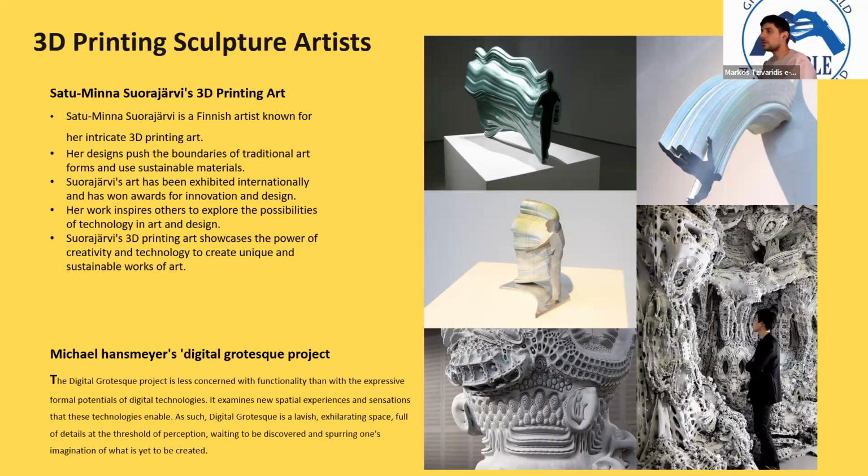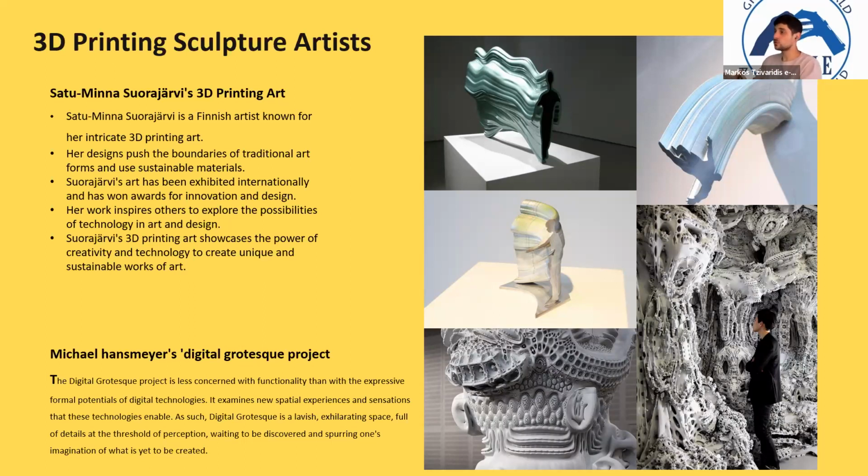Okay, so we are going to talk about the digital grotesque project, which is all about exploring the expressive potential of digital technology. Rather than focusing on functionality, this project creates very intricate, lavish and exhilarating shapes, inviting us to imagine new spatial experiences and sensations.